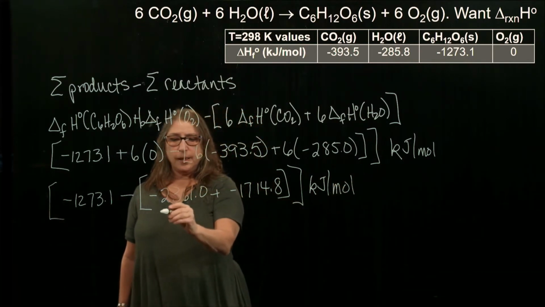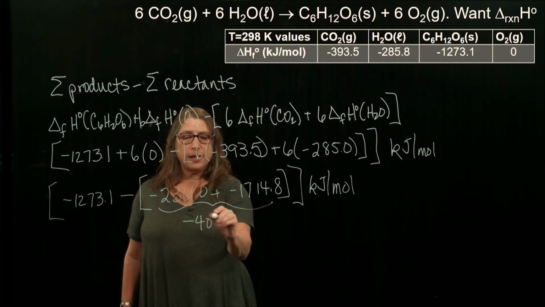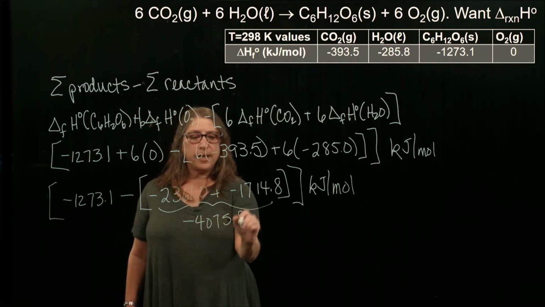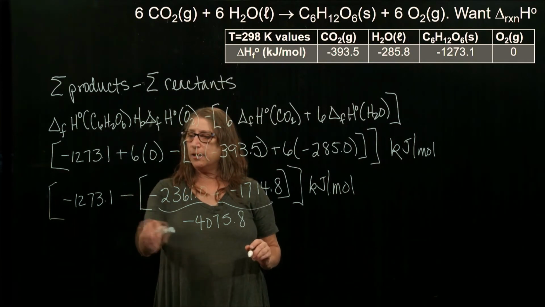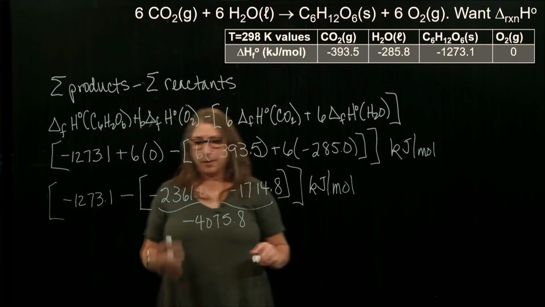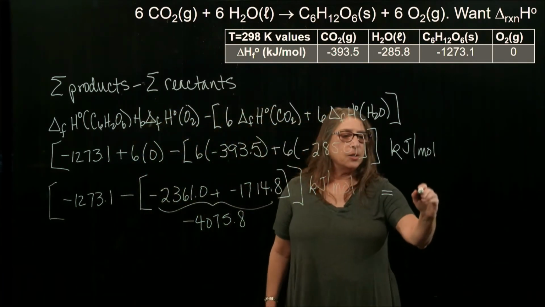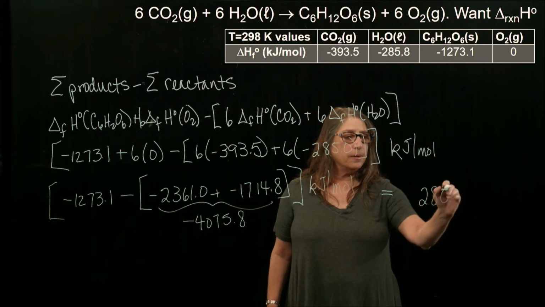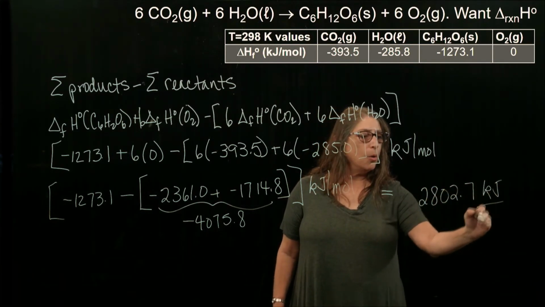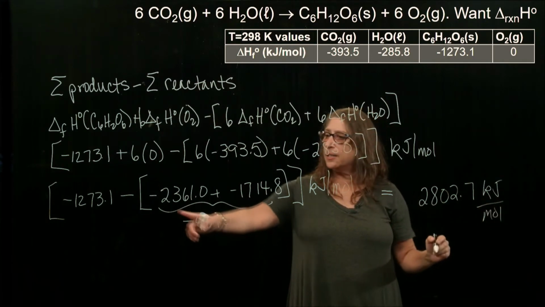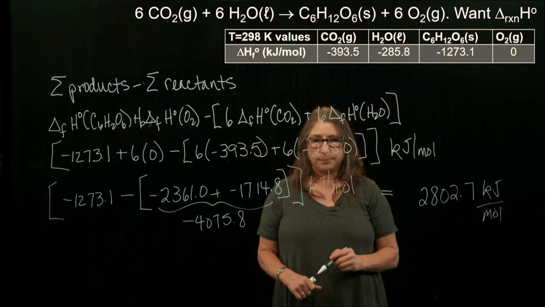This value here is negative 4075.8 kilojoules per mole, and I have to subtract a negative from a negative number. And so what I get in the end is 2802.7 kilojoules per mole, because subtracting a negative number changes it into a positive number.